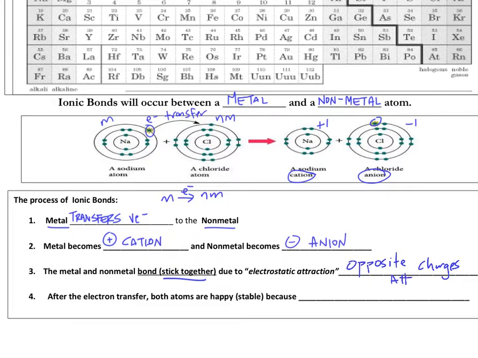So if I've got a positive metal and a negative nonmetal, those opposite charges will attract each other. After that transfer, both atoms are happy, they are stable, because now they have their octet. Now they are stable, just like the noble gases, and they have a noble gas configuration.